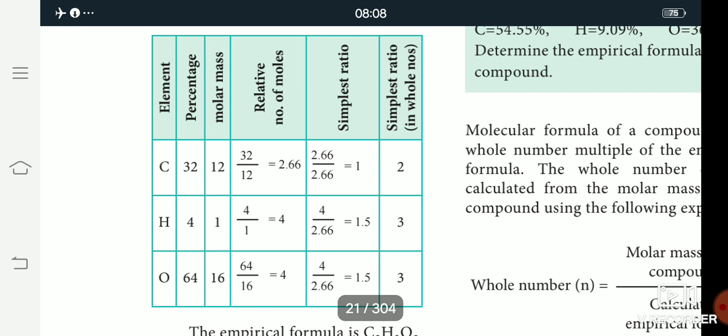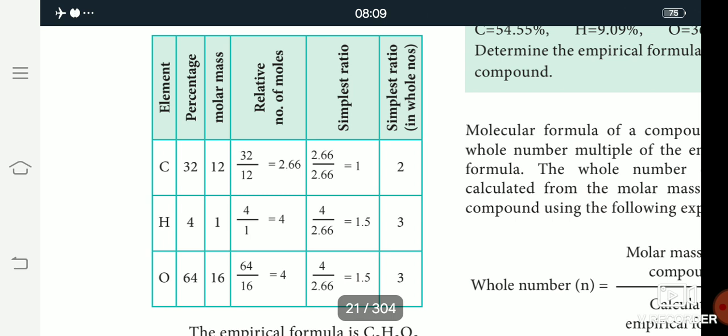So 32 divided by 12, the carbon relative number of moles is 2.66. Then hydrogen 4 by 1, the answer is 4. Then oxygen 64 divided by 16, the answer is 4. Then the simple ratio, which is found using the smallest number of relative moles. Which one is the smallest? Yes, carbon is the smallest.